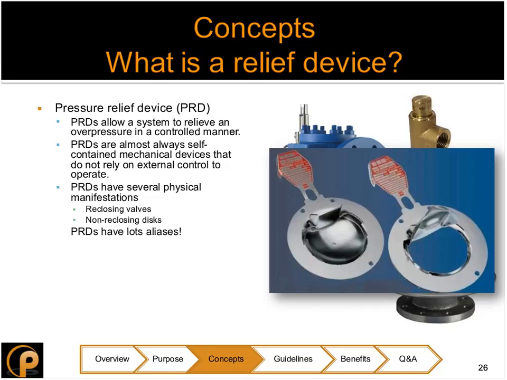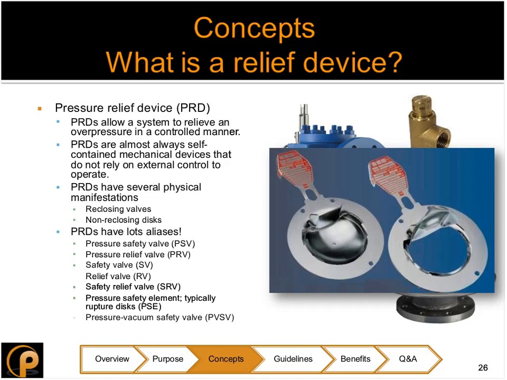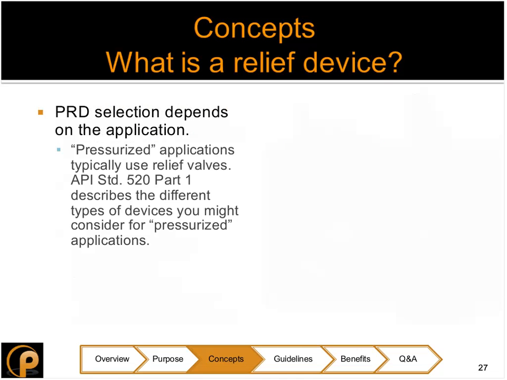Another thing to note is that pressure relief devices have lots of aliases and lots of acronyms. They're known as PSVs, PRVs, SVs, RVs, and so on and so forth. The selection of a pressure relief device really depends on the application. Pressurized applications typically use relief valves.